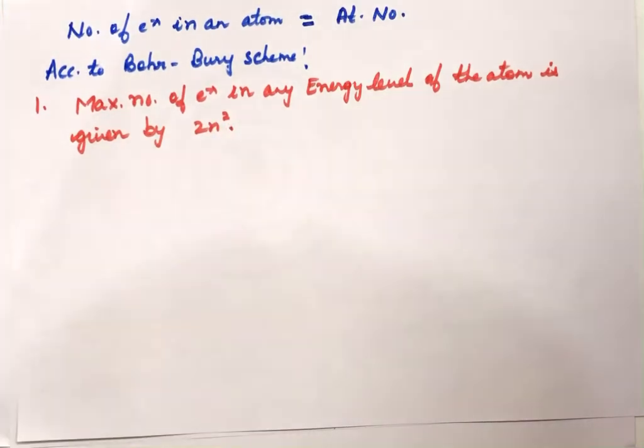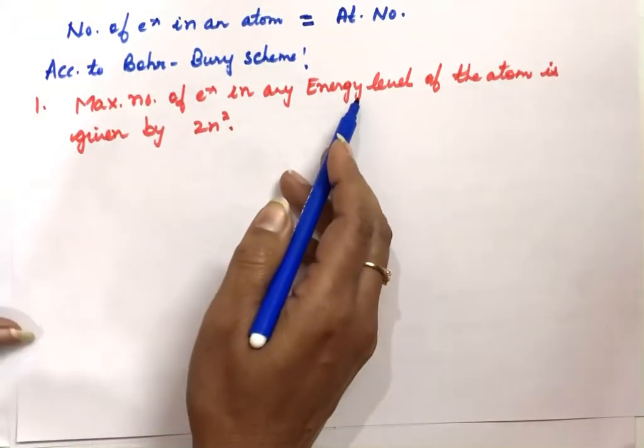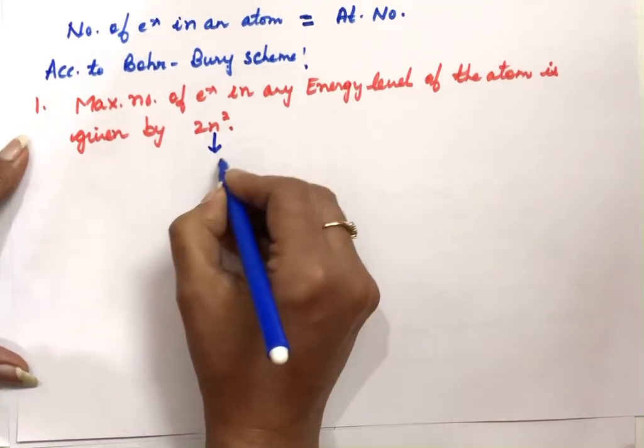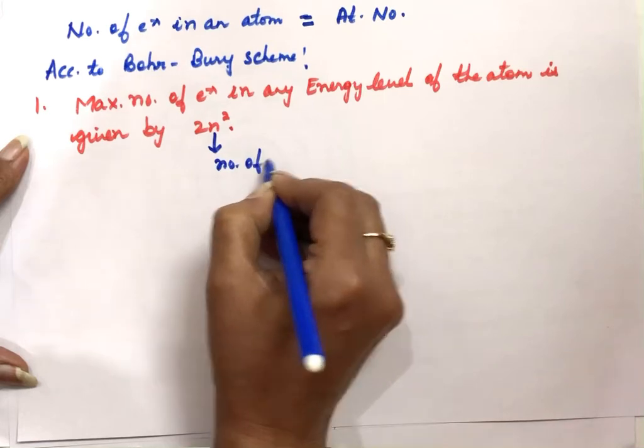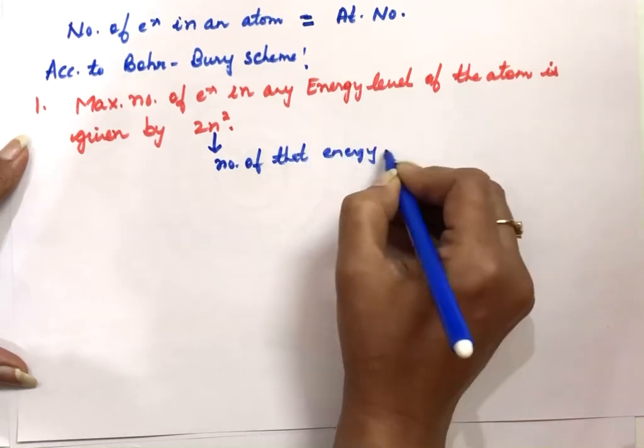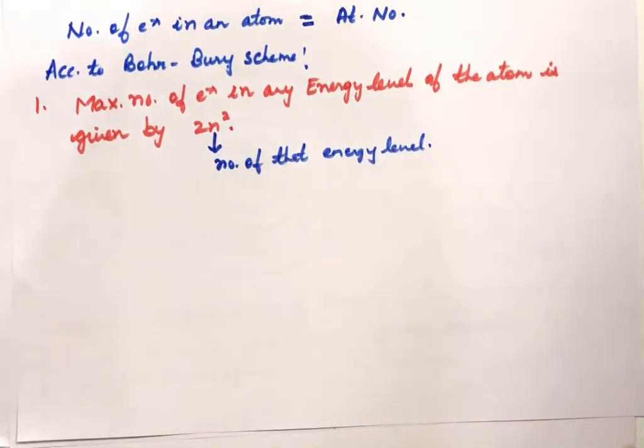Using this formula, we can calculate how many electrons can be filled in this energy level. n here is the number of that energy level. So we are calculating it for the first 4 energy levels.